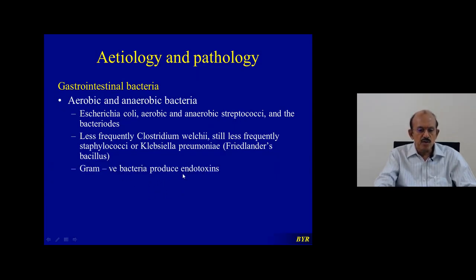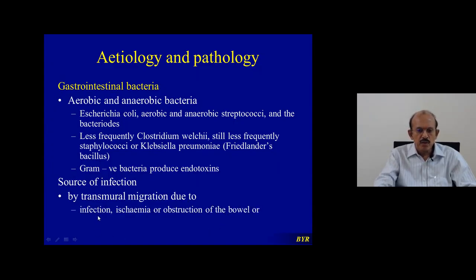Gram-negative bacteria produce endotoxins. Source of infection by transmural migration due to infection, ischemia, or obstruction of the bowel, or due to perforation. So what all you have said is being mentioned here.